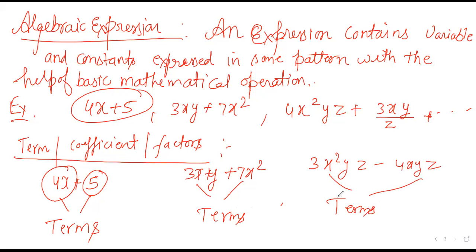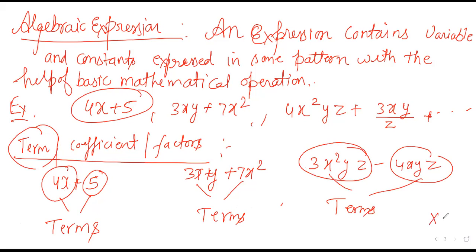Means the terms will be separated by plus or minus, not multiplication and division. Please keep this in mind. Terms are always separated by plus or minus sign, not by multiplication and division. Those do not separate your terms.